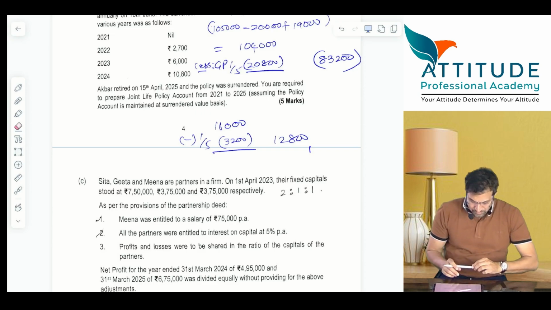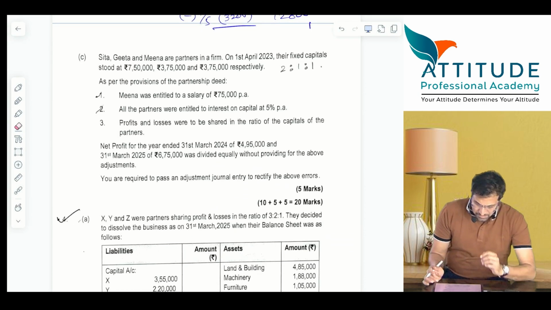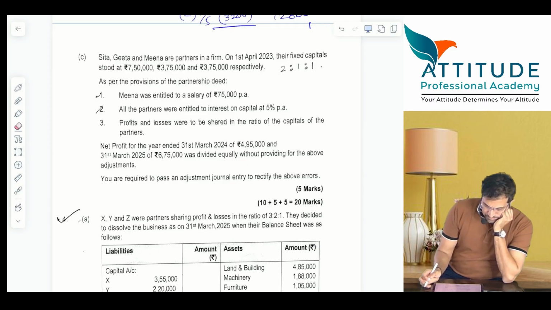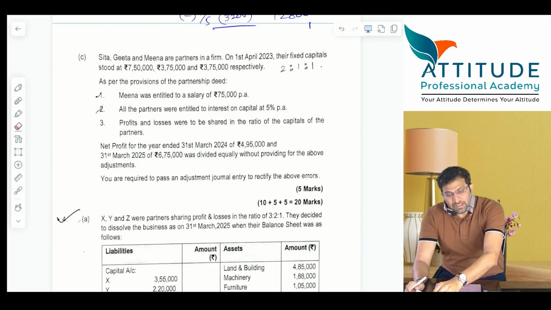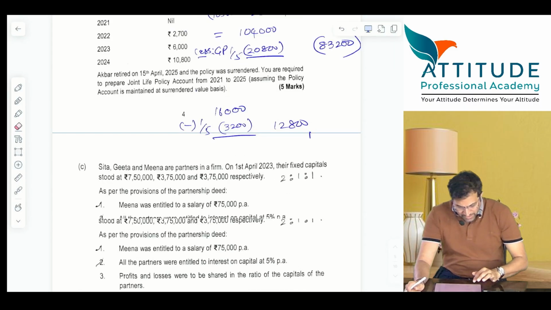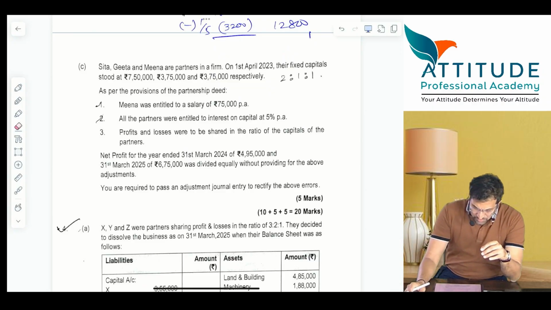Next. Come. Okay, shall we proceed, guys? Next one, C. B is done. C. Fast. How many marks have we solved? Just check.